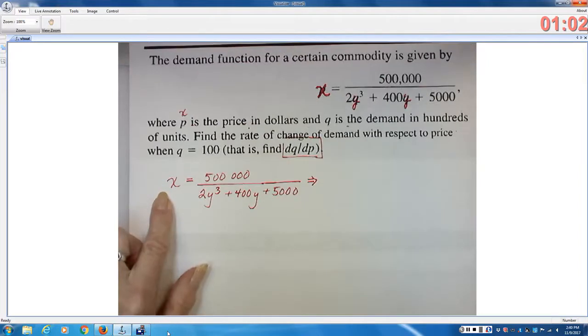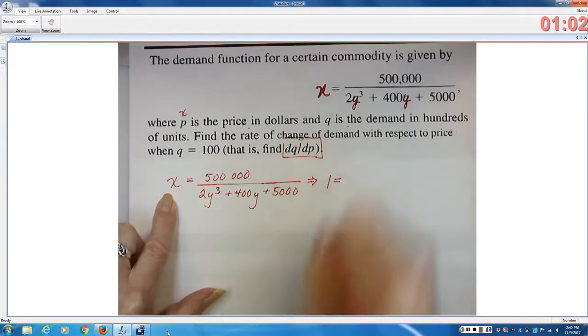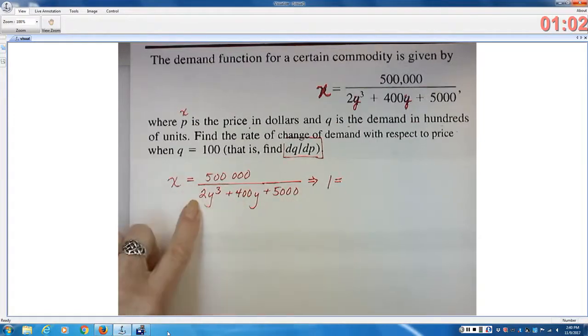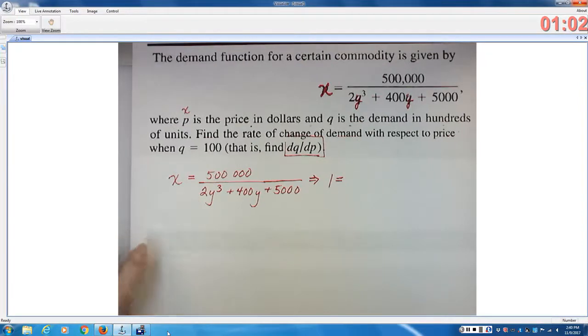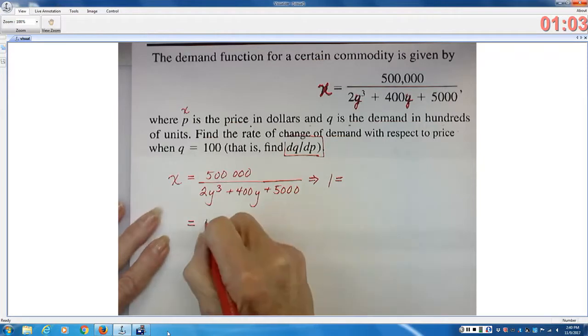What's the derivative of X? 1. This is a function of X. We need its derivative. It would be easier to take its derivative and for you to think about taking its derivative if I write it like this.